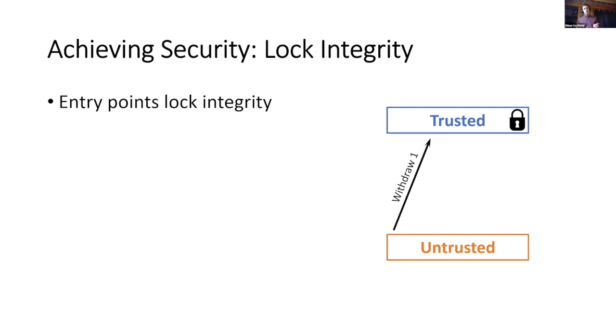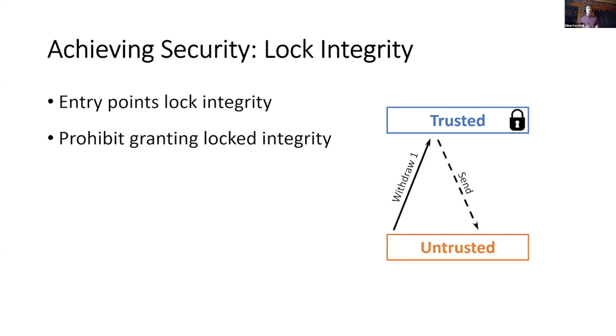When we do that, we lock the trusted integrity level. Then we want to prohibit re-granting locked integrity. You can give away integrity, so the bank can safely send money to Bob. This is essentially all that's necessary for the honest withdraw operation.